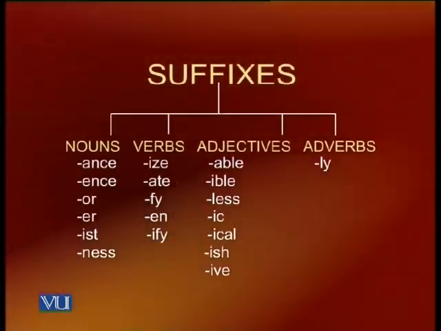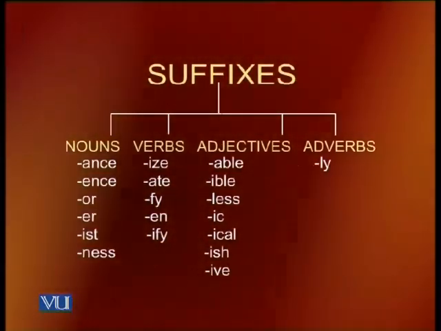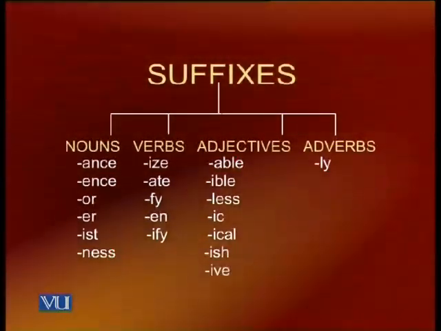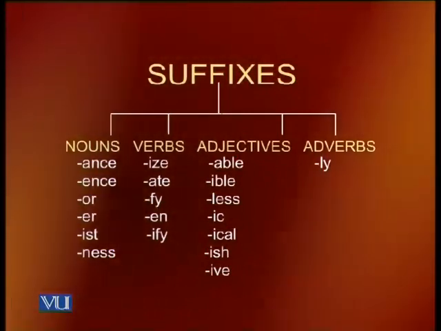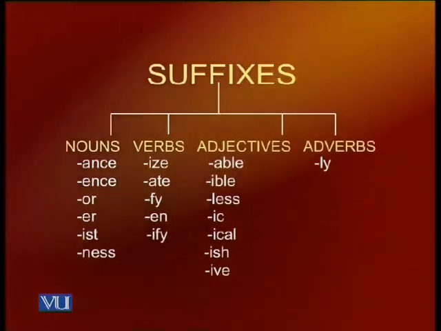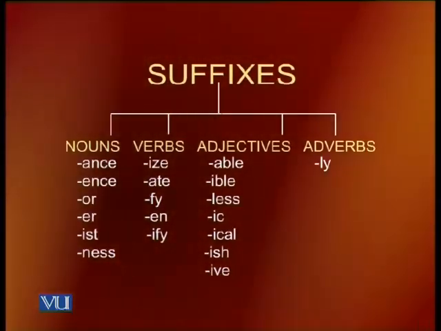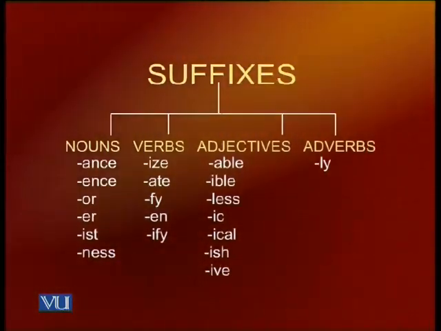Look at the table and you will notice that words that end in ANC, ENC, OR, ER, IST, NES are nouns. This is something that you will find very useful later on in life when you are reading English. It will remain fixed in your minds that words ending with NES, ENC, OR, ER, IST are always nouns.